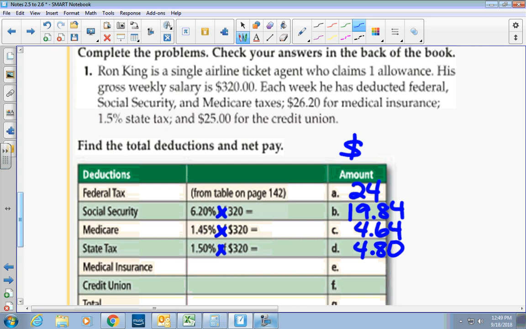Medical insurance is given to us. Our credit union is also given to us.